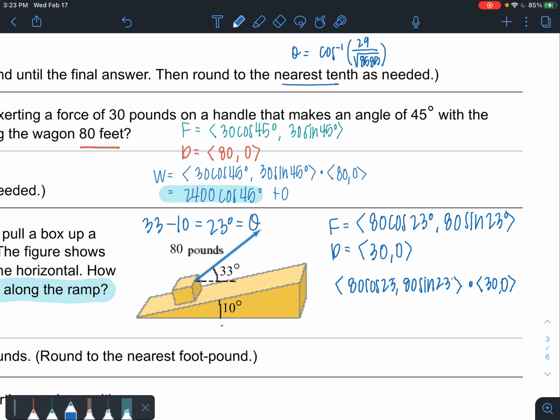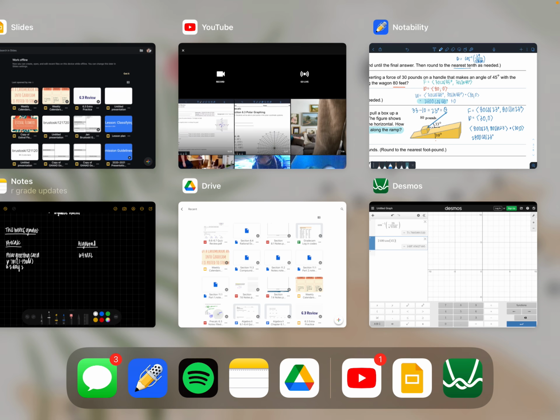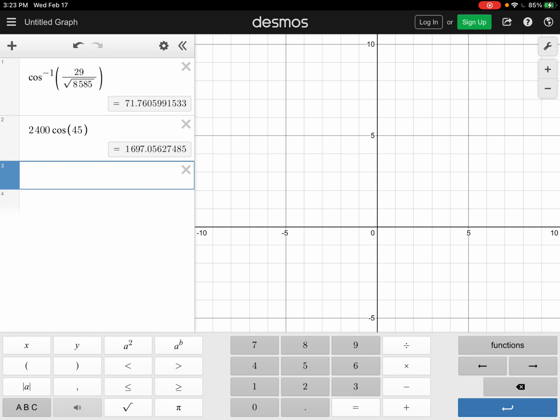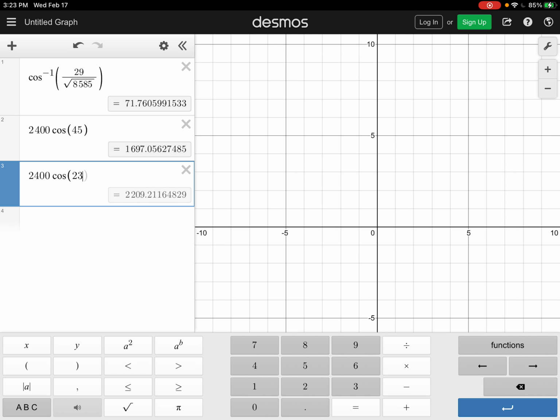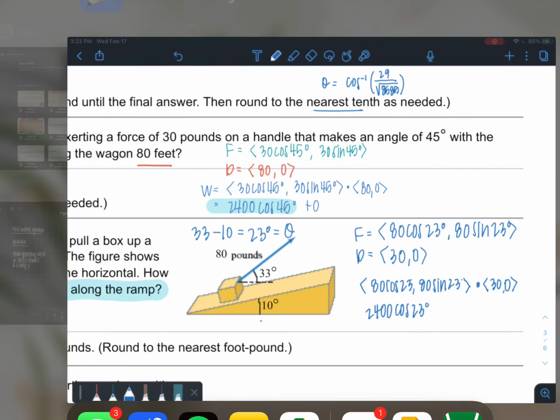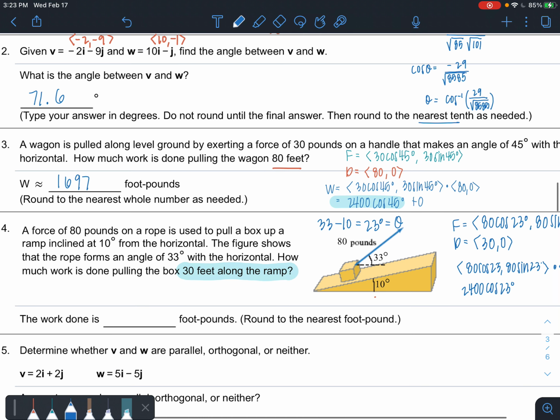So we get 30 times 80, which is 2400 cosine 23. So 2400 cosine of 23 gives us 2,209 foot-pounds.